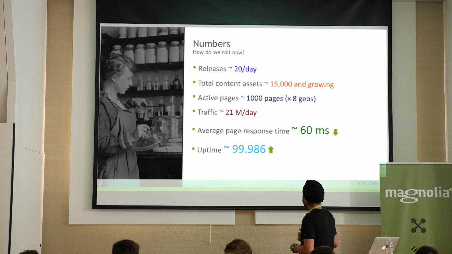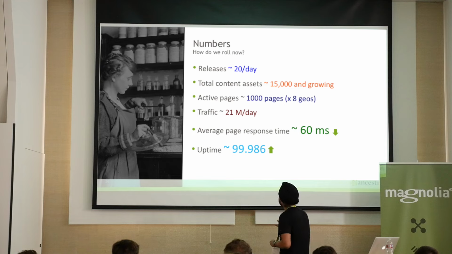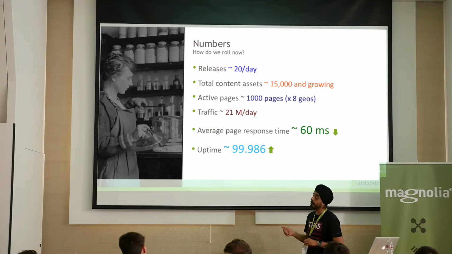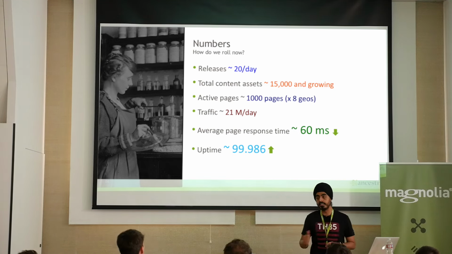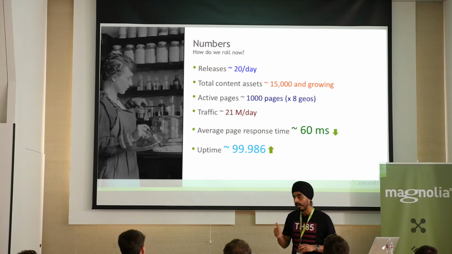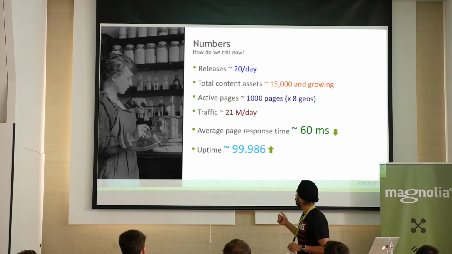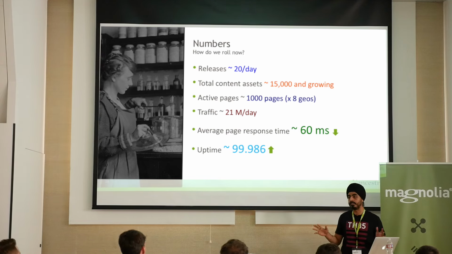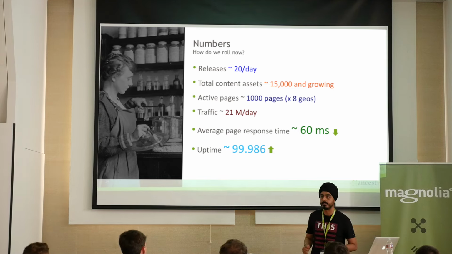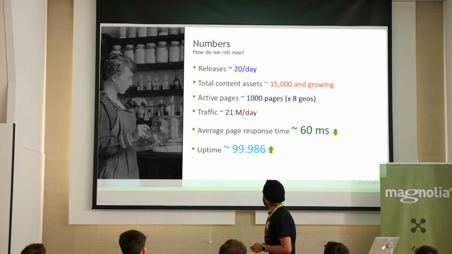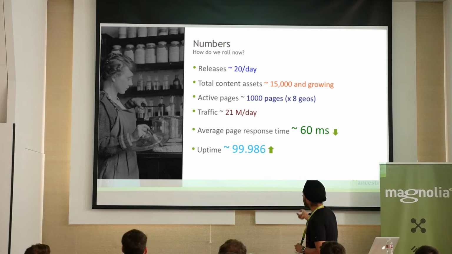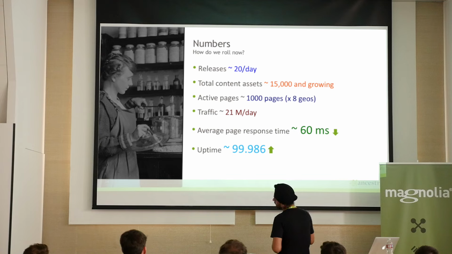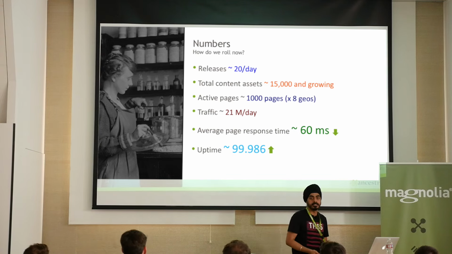We serve around 21 million requests per day using single-digit VMs. I think that says how efficient the rendering is, and they're not beefy machines. It's like 2 core machines. That's the big win. Our average page response is 60 milliseconds, and it is consistently 60 milliseconds.